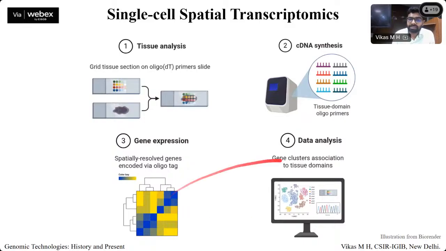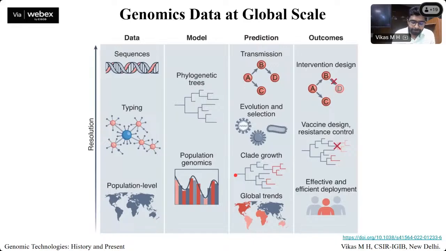All these things, we might say very lightly, but they need a very high end data analysis part, from which you will be able to make sense of all this data produced. When it comes to genomics at global scale, a very live example was seen during COVID. When we sequence a particular sequence in our lab, we may not have much idea of it in the bigger picture.